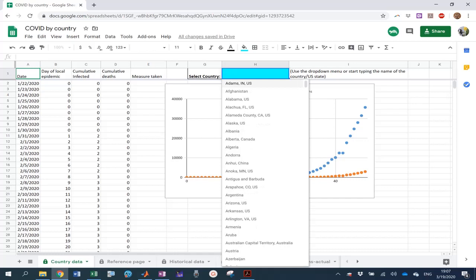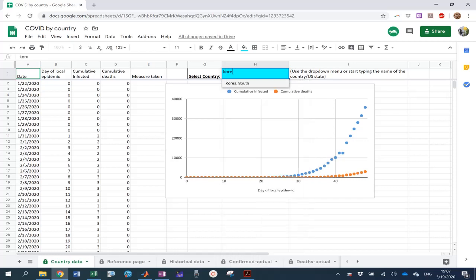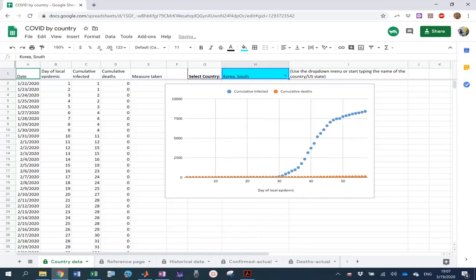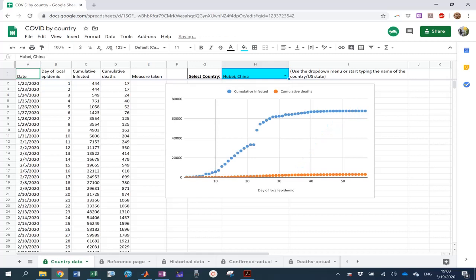So just to have a bit of perspective, let's take a look at South Korea. You see from South Korea that even though the cumulative infected, which for Korea is probably a bit more accurate than other countries, is not perfect as a statistic, it still gives us a representation of the fact that they are much further along in the epidemic than we are. Take a look now at where it all started, over here in China, Hubei.